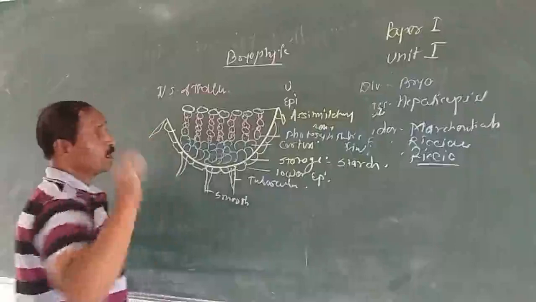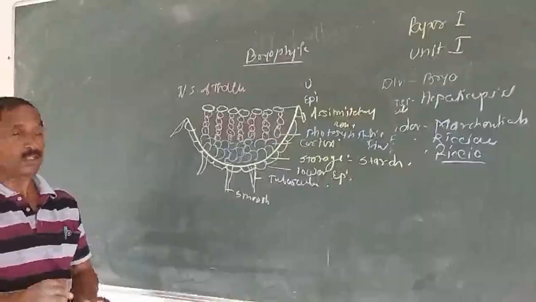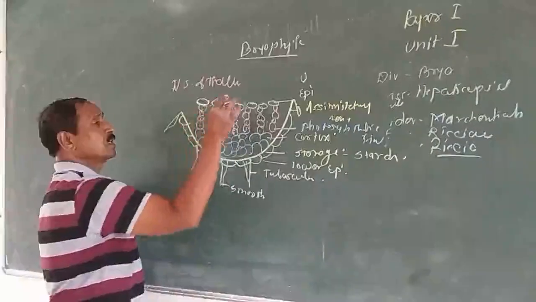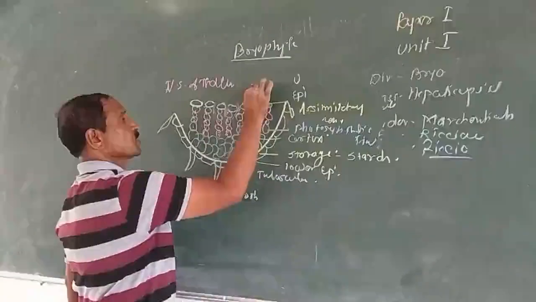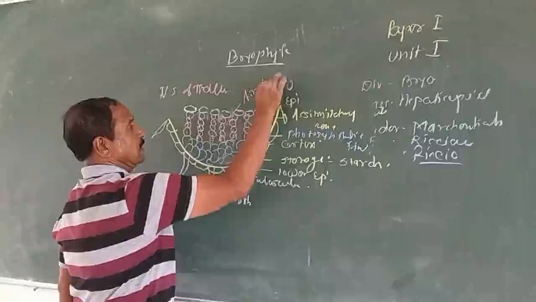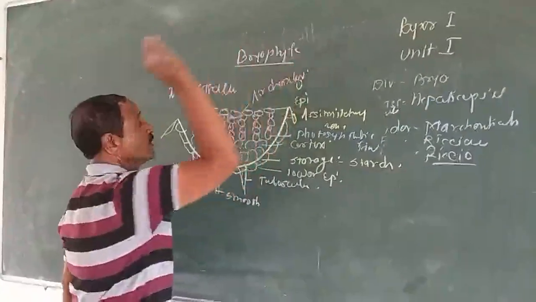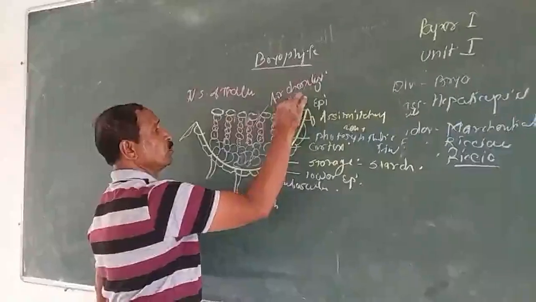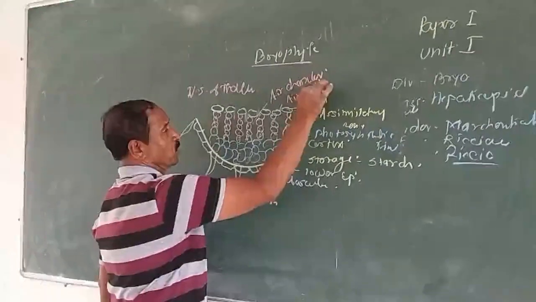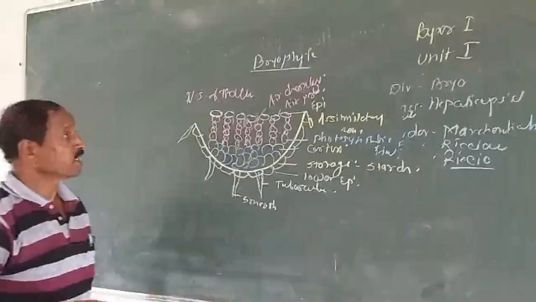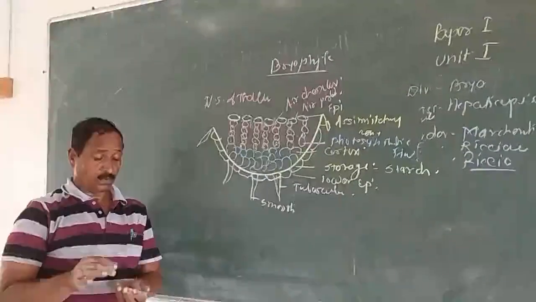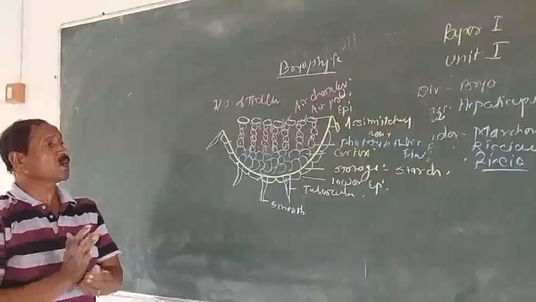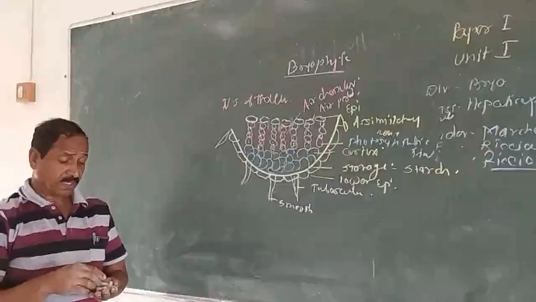Here the upper epidermis, which is single layer, in between the epidermal cells there are air chambers, and which are opened by air pores. In exam, it is asked for short note: internal structure of thallus or the VS of thallus in Riccia.